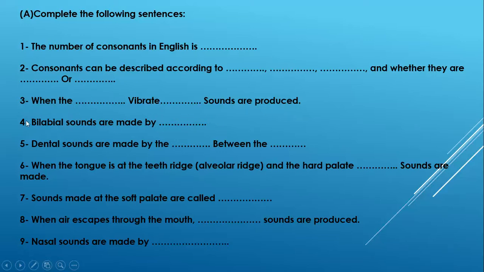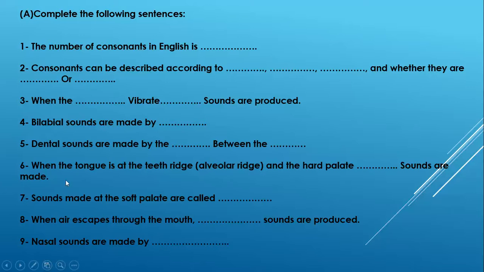Number 4, bilabial sounds are made by. How do we produce bilabial sounds? Number 5, dental sounds are made by something between the. We put something between something else in order to produce dental sounds.